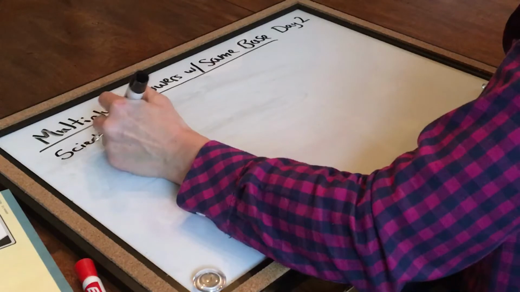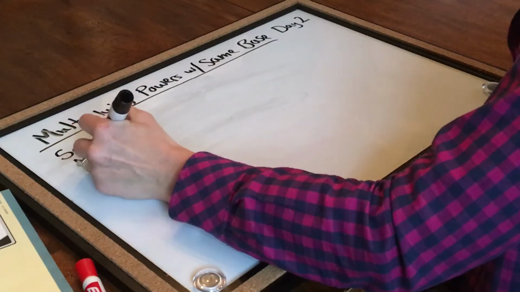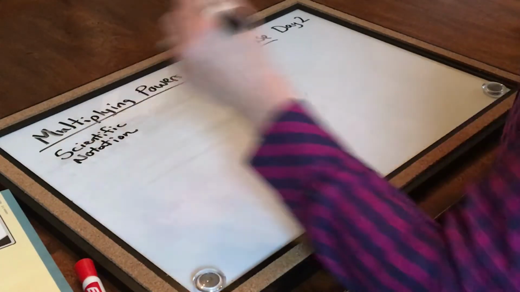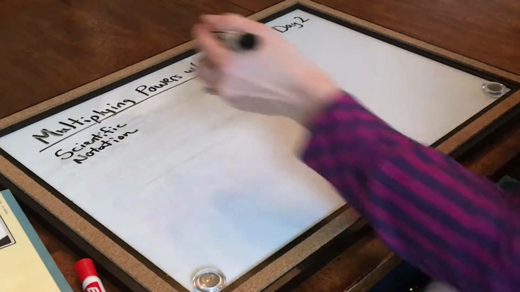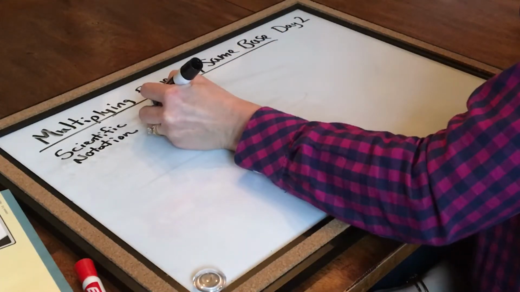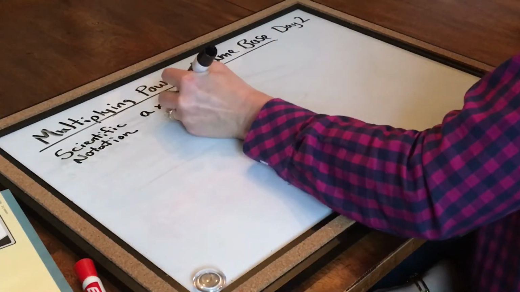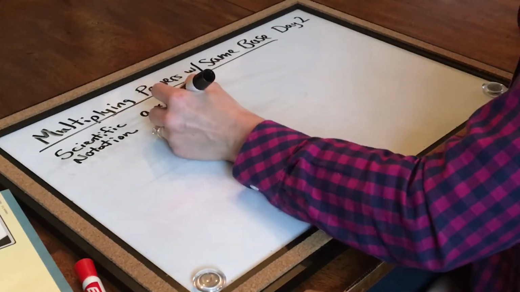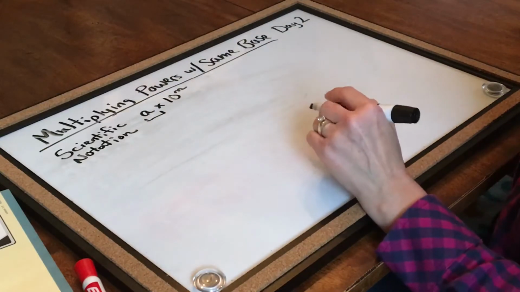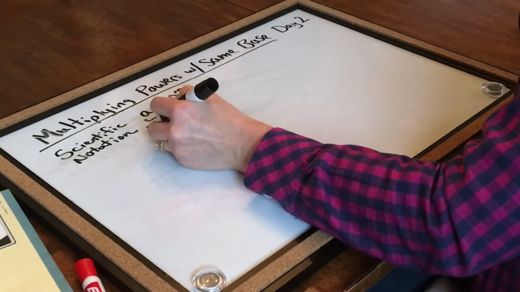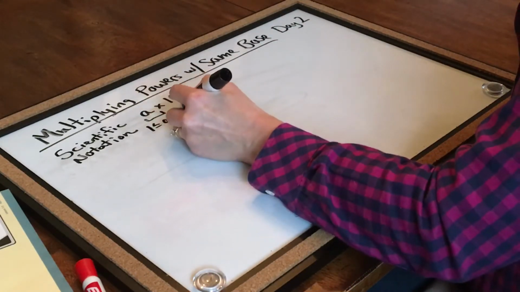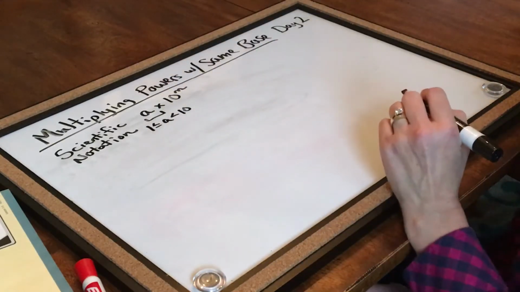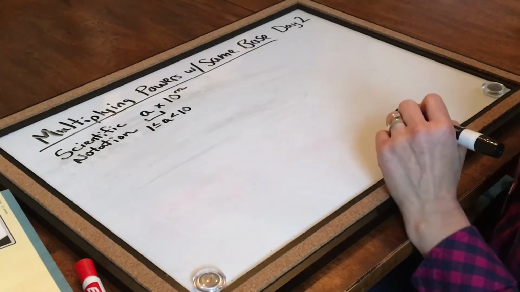Remember that scientific notation always looks like a times 10 to the nth power, and our a must be between 1 and 10. It can be as low as 1, but it can't be 10. It's got to be less than 10.